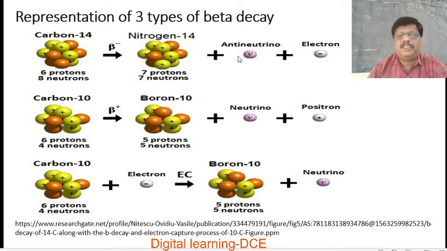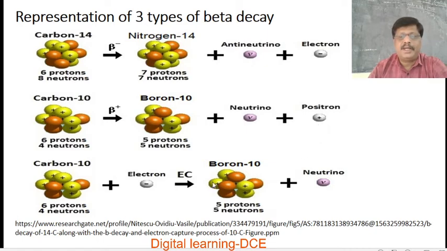This equation shows the law of conservation of energy, and also linear momentum. This is carbon 10 becoming boron 10 by emission of a positron, with a neutrino. Here in beta minus there is an antineutrino, here a neutrino, and it is a positron or beta plus.